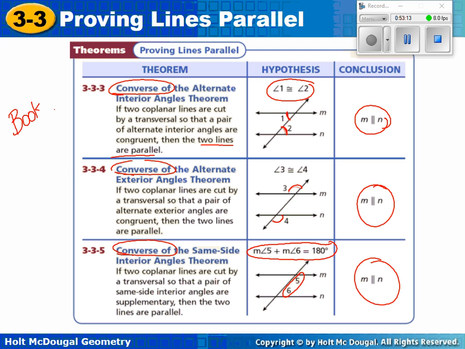And then as usual, the one they forget, you can add here in your notes, is the converse of same side exterior angle theorem. So write what I'm saying, not what you see.